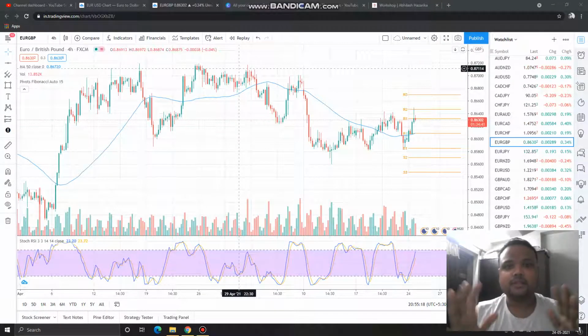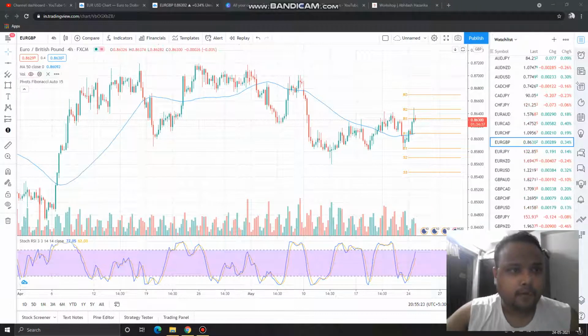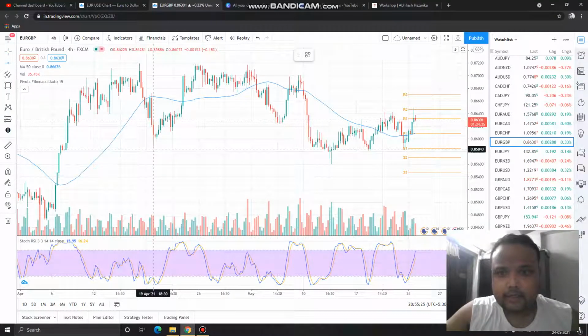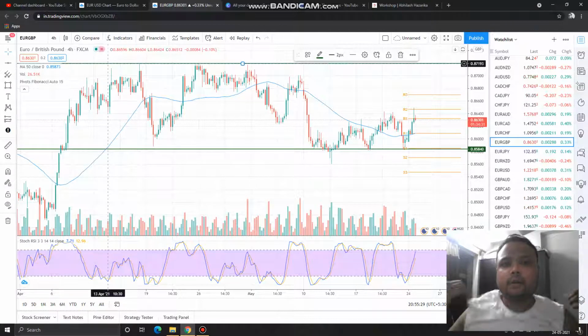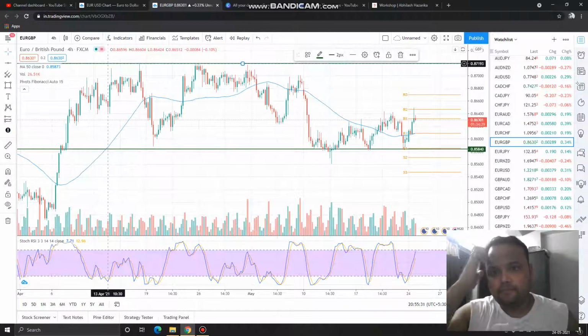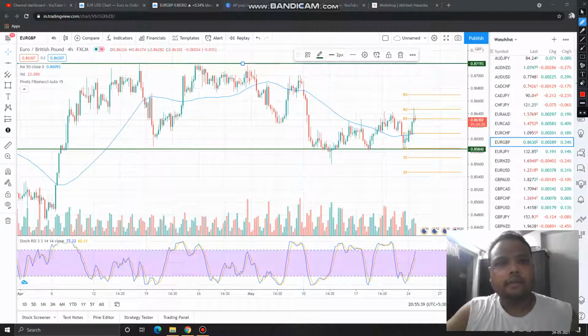If we look at the chart, we can see that it is in a range right now. There is a support here and a resistance line here. If you watched my previous videos, then hopefully you're in a good profit right now, because if you remember correctly, I mentioned that you'd get a good opportunity to buy at this level and this level.